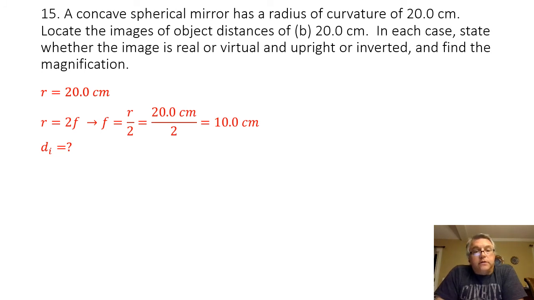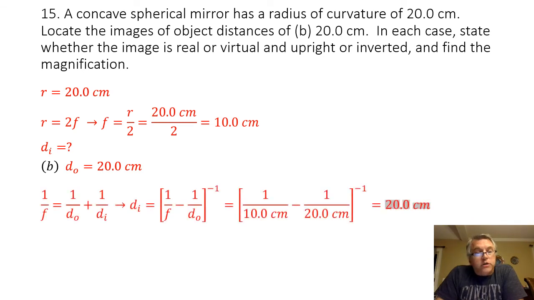Part B asks us to find the image distance for an object distance of 20 centimeters. So again, using my mirror equation, solving it for image distance, plugging in my value for the focal length of 10 centimeters and object distance of 20 centimeters, that will give me an image distance of 20 centimeters.